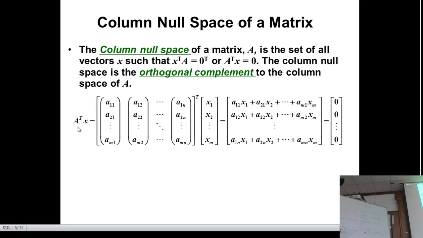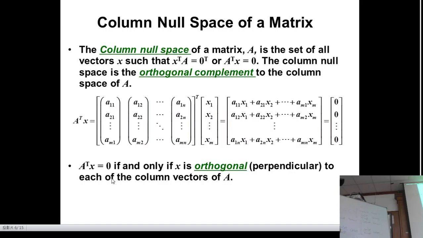Take A transpose times x, and I multiply them together, equals 0. A transpose x equals 0 if and only if x is orthogonal to each of the column vectors of A. Right, they are orthogonal.